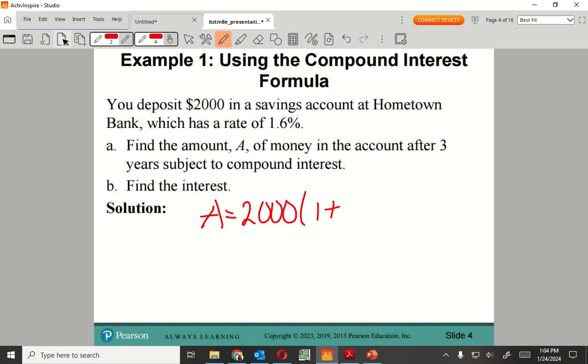Parentheses, 1 plus my rate, 0.016. Very good. Close it. And now 3 years. So that T has to be my exponent.